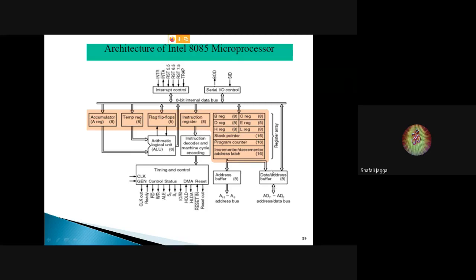Now, the lower address lines are multiplexed with the data bus D0 to D7, and this multiplexed address data bus is known as AD0 to AD7. Because on the same line it has the address and also the data, that's why we say this bus is multiplexed, because it is used for multiple operations.